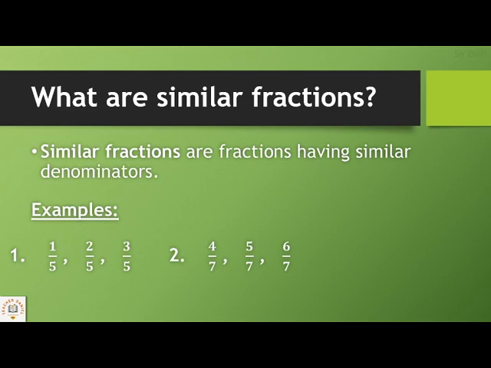Next, for sevenths, 5 sevenths, and 6 sevenths. And last, we have 1 tenth, 3 tenths, 7 tenths. So they are all examples of similar fractions. As you can see, they have the same denominators.